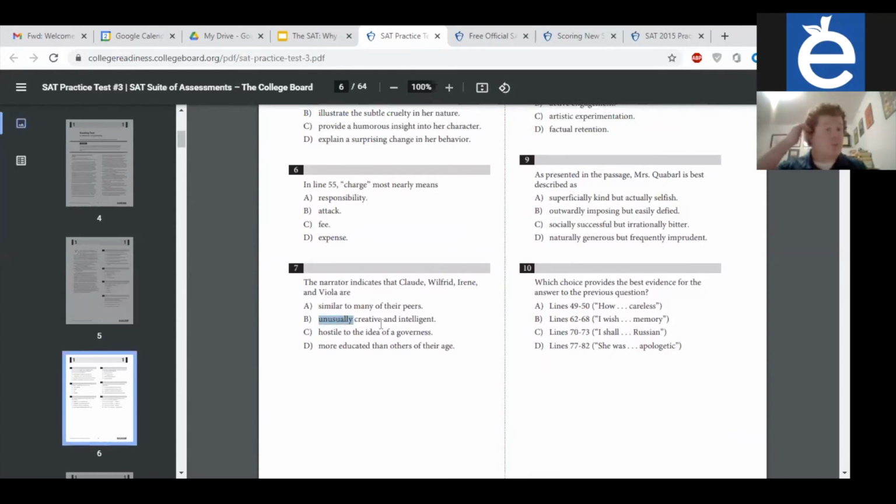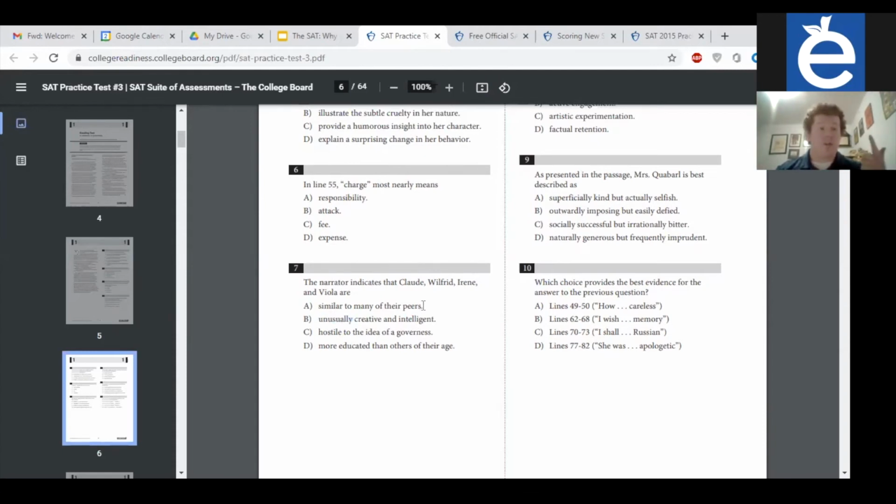So this is why questions like these can be really tricky and a little bit difficult, is that small details like that can really create a confusing scenario, create very tempting answer options. And that's why we have that strict criteria we have to apply, that there has to be evidence to support it. There's nothing to indicate that they are unusually creative and intelligent.